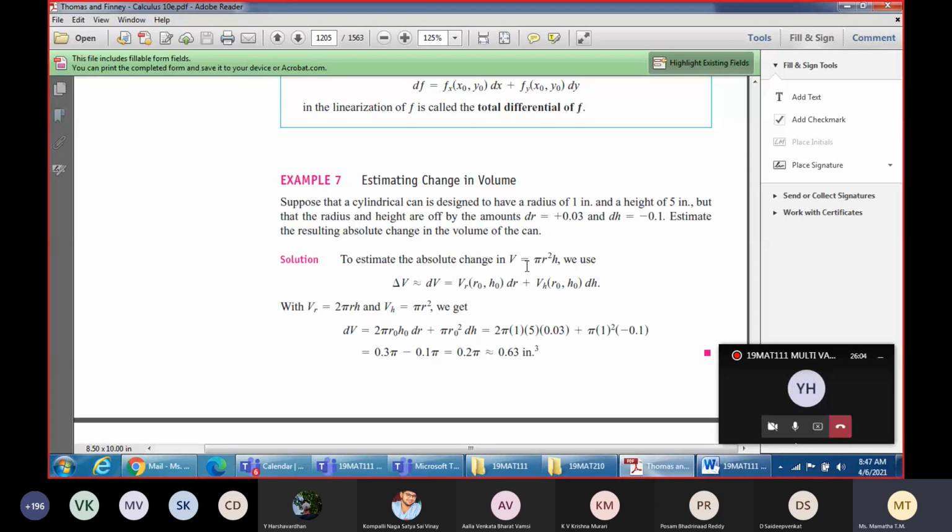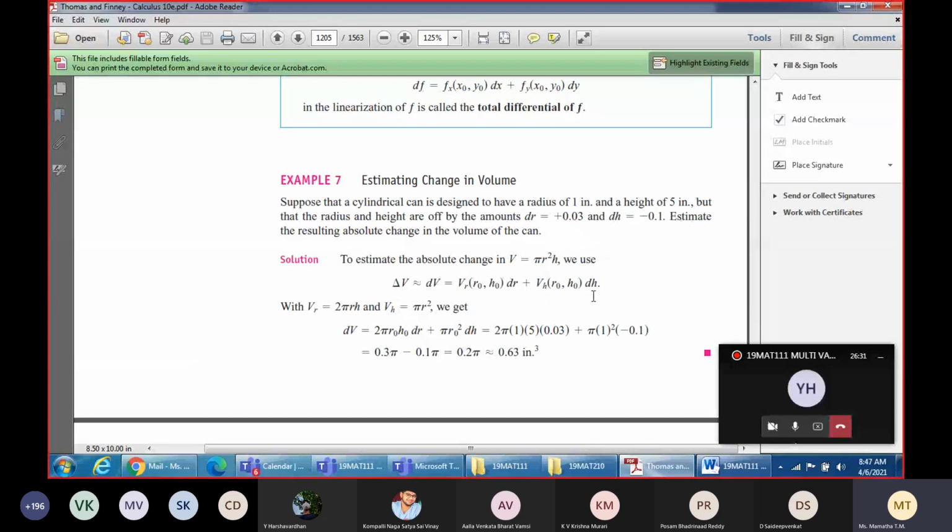In that case, we go for this total differential. So dV is equal to the partial change in volume with respect to r into dr, the entire radius changed by plus 0.03, and dh value is given as minus 0.1. So ∂V/∂r into dr plus ∂V/∂h into dh.